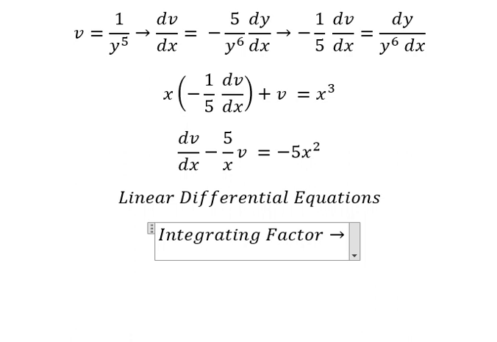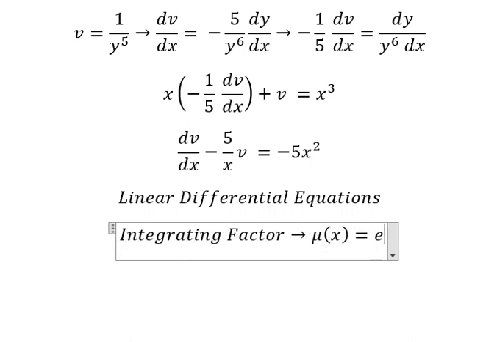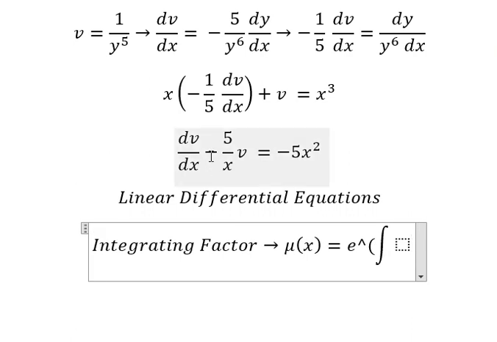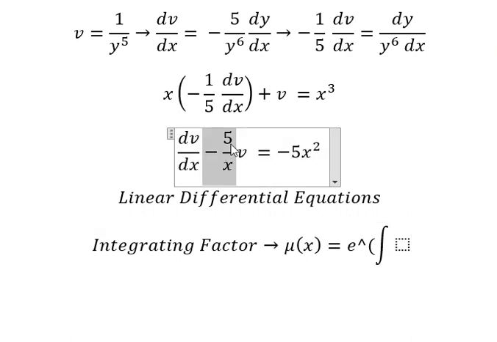So we need to find mu of x equals e to the power of the integration of negative 5 over x next to v. This is the integrating factor.